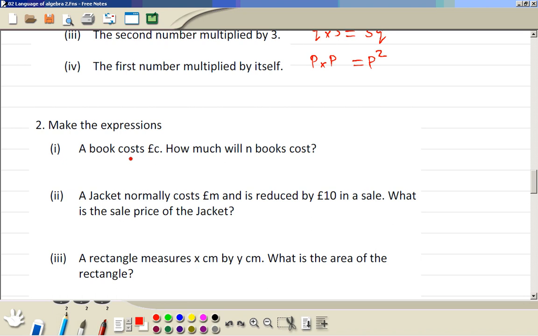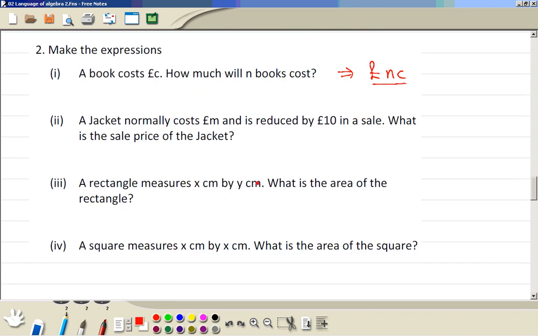One will cost c pounds, n of them will cost n times c pounds. Normally a jacket costs m pounds, reduced by 10 pounds, so this is m minus 10.